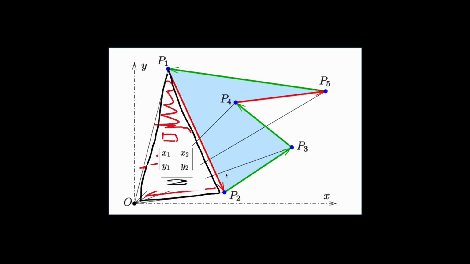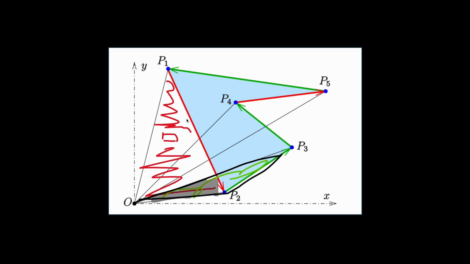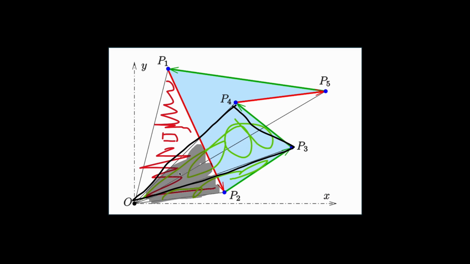And okay, this might all still not look very useful at first glance, but if we go in order, counterclockwise, of the points here, and we take the determinant of each new pair of vectors that are next to each other and represent these points coming from the origin to a point on the polygon, what we can see is that as we go along, this negative area starts getting canceled out by a positive area going the other way, leaving some extra positive area over here, and this cancels out to 0.